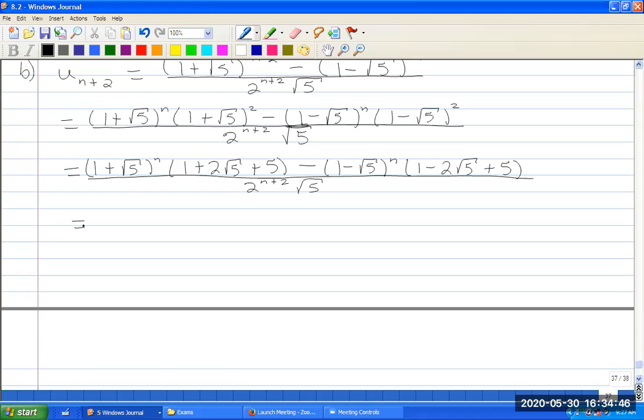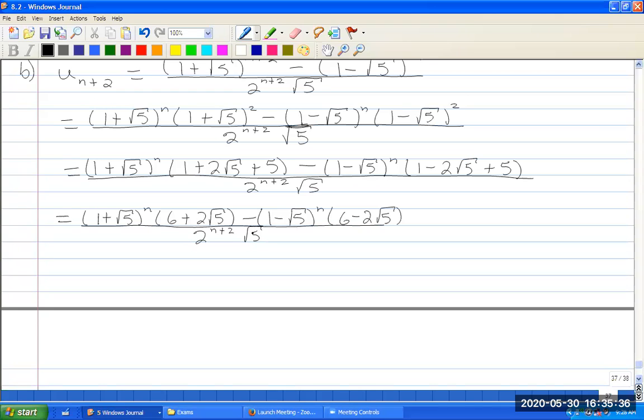And so I have (1 plus rad 5) to the n times 6 plus 2 rad 5, since 1 plus 5 is 6, minus (1 minus rad 5) to the n times 6 minus 2 rad 5, all over 2 to the n plus 2 rad 5.